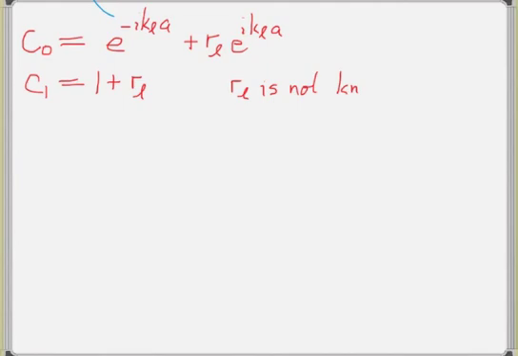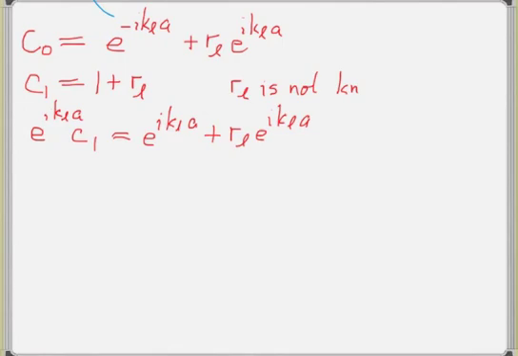So we have e to the i kL a C1 is equal to e to the i kL a plus R sub L e to the i kL a.